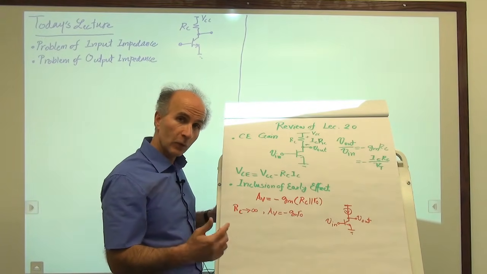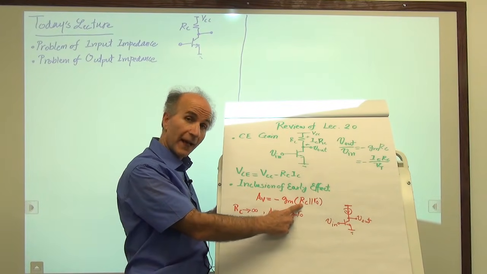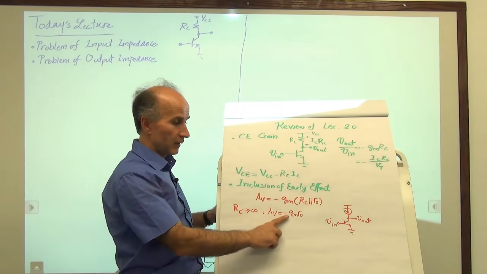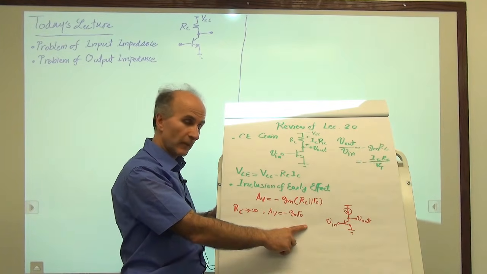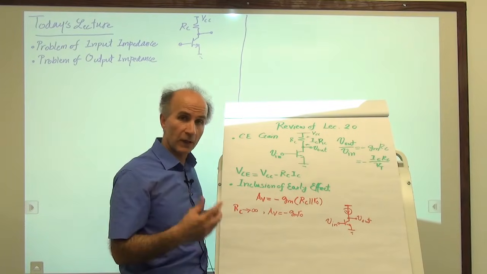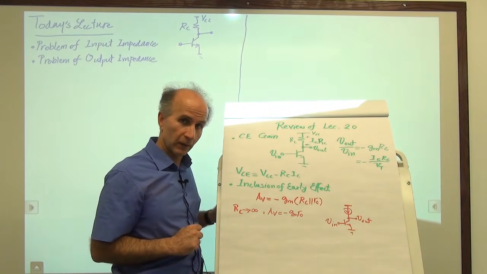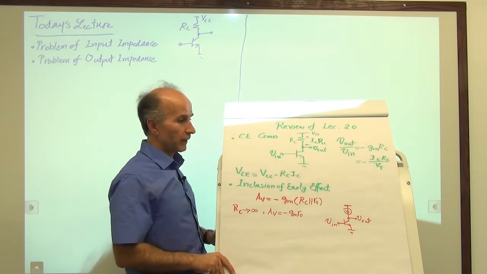An open circuit would be equivalent to an infinite RC here. In that case, the voltage gain is simply equal to minus GM times RO. And we saw that this is a property of the transistor once it's built. It's just the early voltage divided by the thermal voltage. All right, so this is what we have so far.